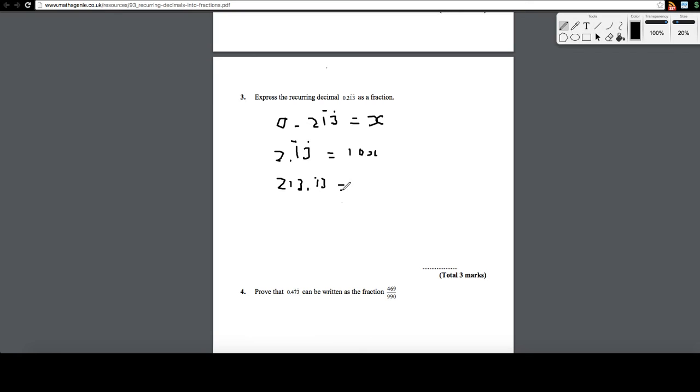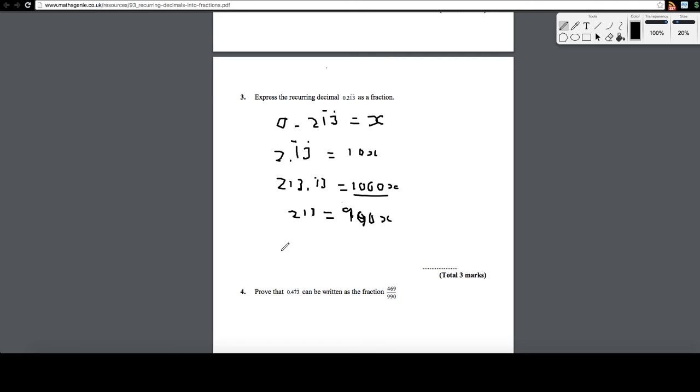We will make that 1000x, and once again it's very similar to what we've done before, because what we will do is take away 10x, which is 2.13, which will actually give us 211, and 211 equals 990x, as remember it's 1000x here, not 100, remember this time.